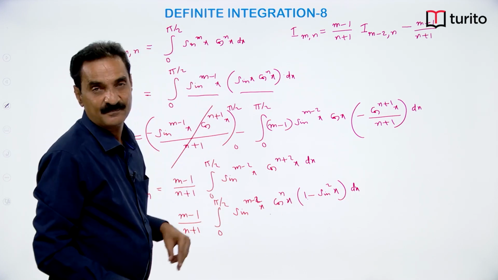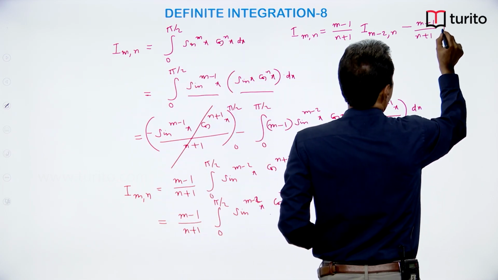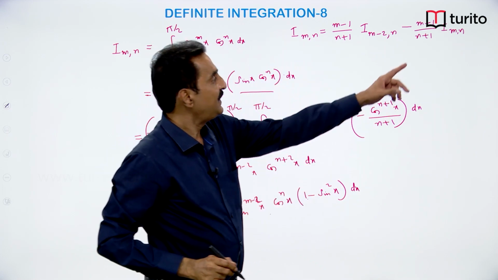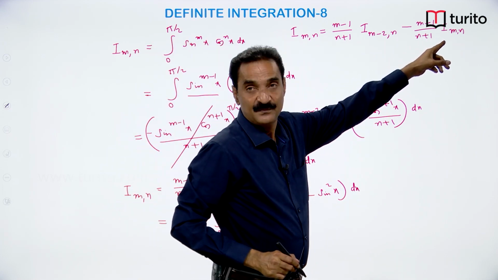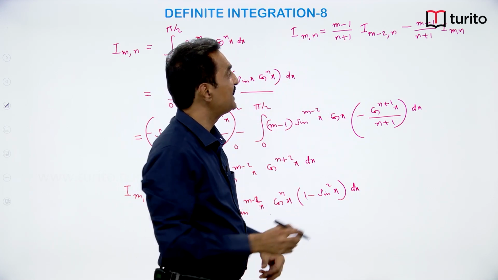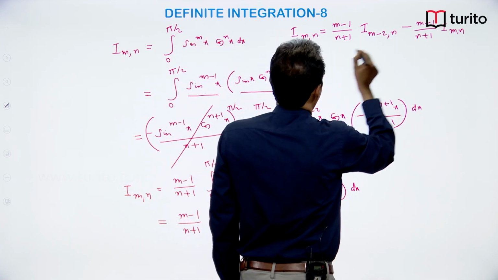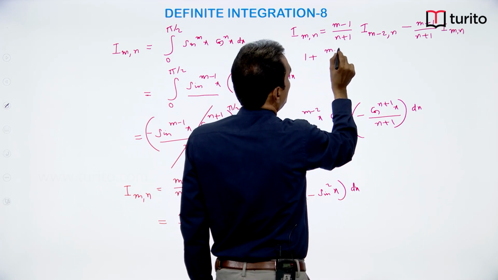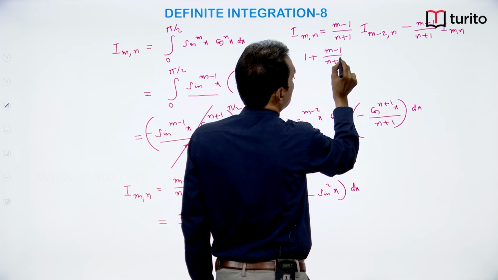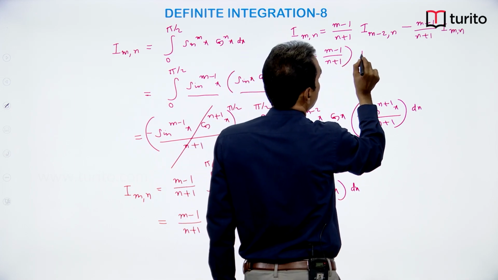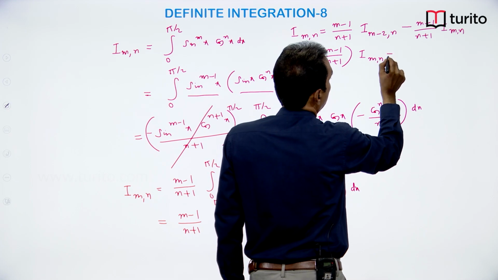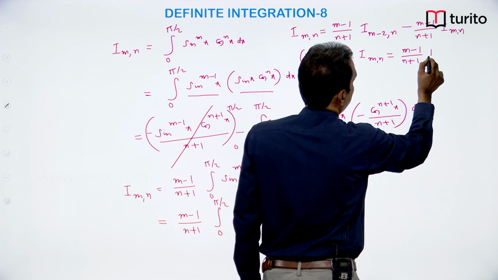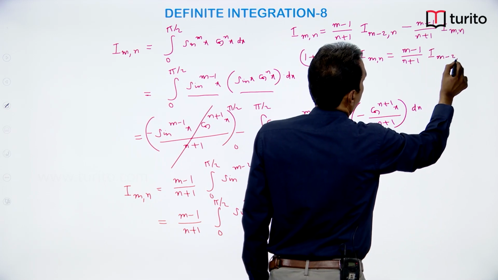What is it? This is Imn. Now, taking this Imn this side, what you will get? 1 plus m minus 1 by n plus 1 into Imn is equal to m minus 1 by n plus 1 into I m minus 2 comma n.